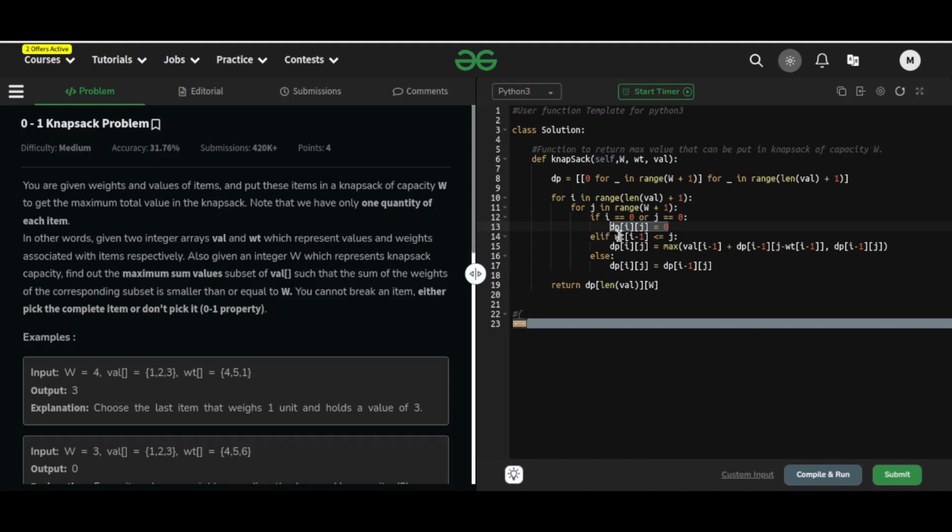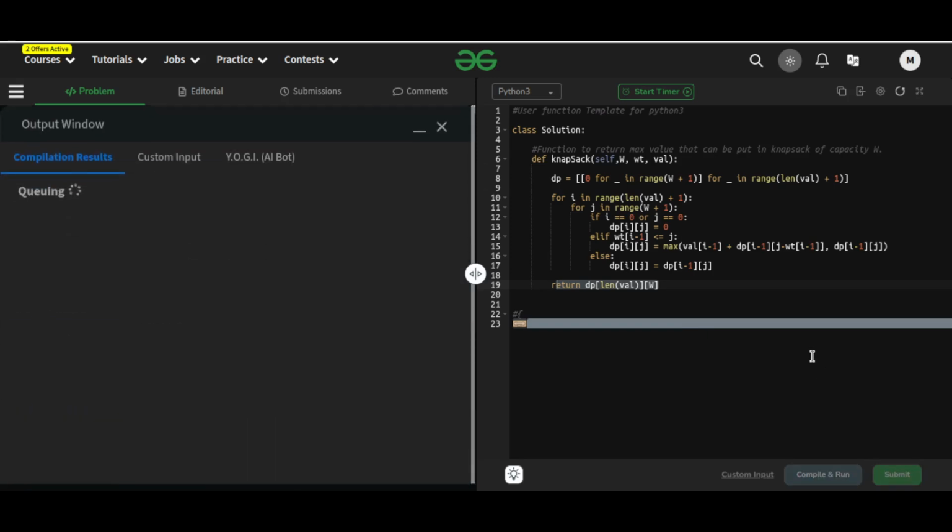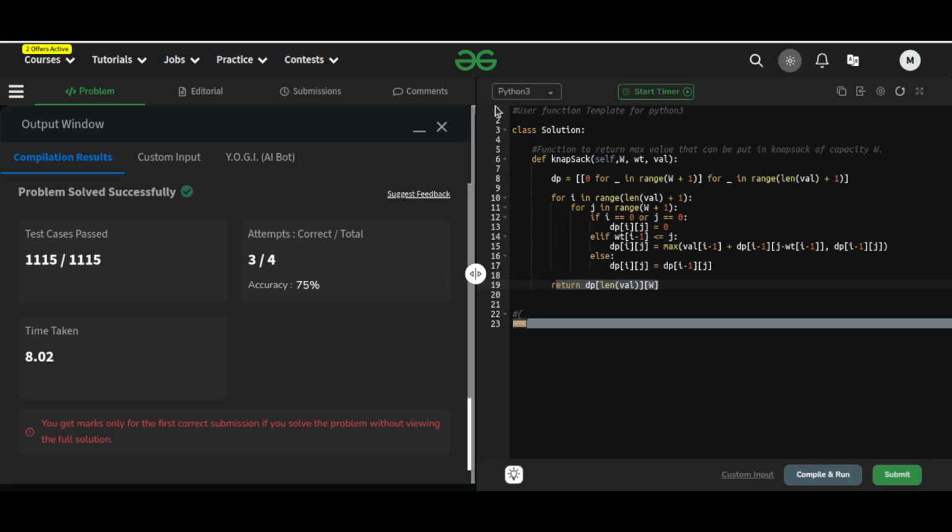Otherwise, if we are able to put the ith item into the knapsack, then we are computing the max between these values, and that value will go into our dp of I comma j. Otherwise, dp of I comma j is equal to dp of I minus 1 comma j. And towards the end, we are returning the last value of the dp table. So that's the Python implementation of this, folks. Now let us submit our solution. So our Python solution got accepted.